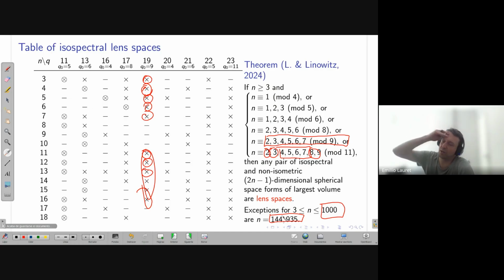The first exception was 30,000 and something. Some new idea is necessary, because computationally it's not possible to solve it in this way. And this is our best, admittedly ugly, statement.